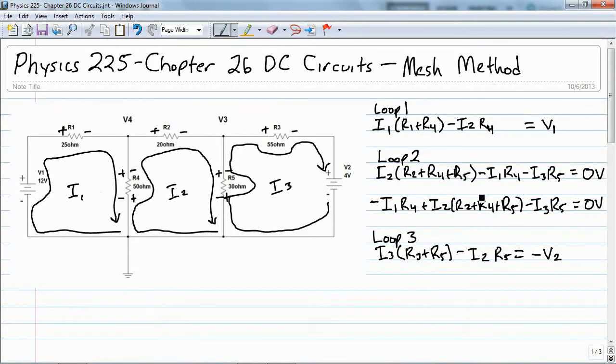Rearrange these so that I have them in multiple equation, multiple variable form. So I'm going to have negative I2 R5 plus I3 times R3 plus R5 is equal to negative V2. I now have three equations, three unknowns: my unknowns I1, I2, and I3. Now I can solve for those loop currents.